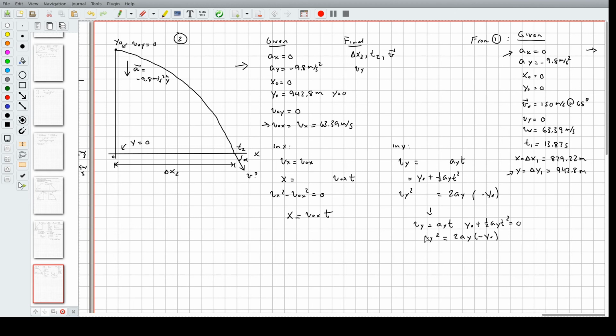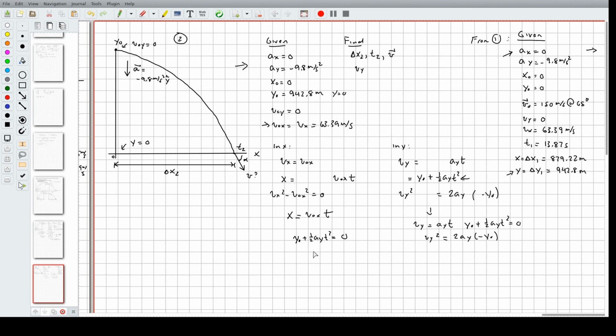So we're trying to find the displacement in the x direction, the time it takes for it to fall, and the final velocity. But thankfully, we already have part of the final velocity. It's the x part right here. Remember, that doesn't change. So we just really need to find Vy. I would start with time, with this equation right here: y naught plus 1/2 Ay times t squared is equal to 0.